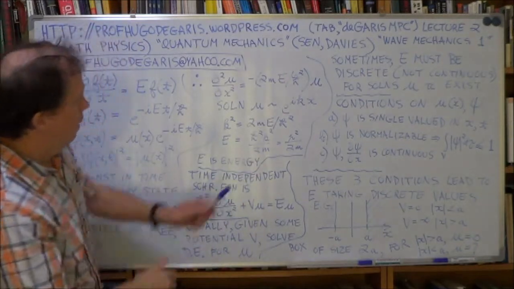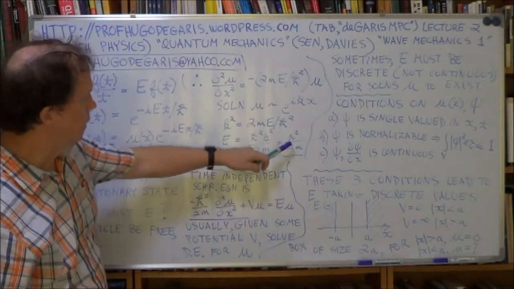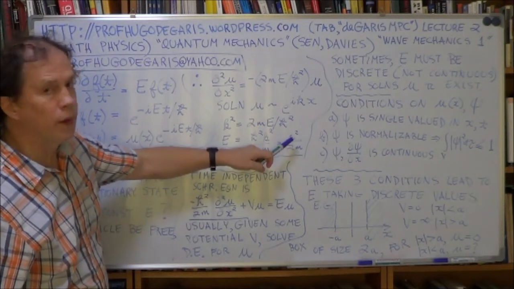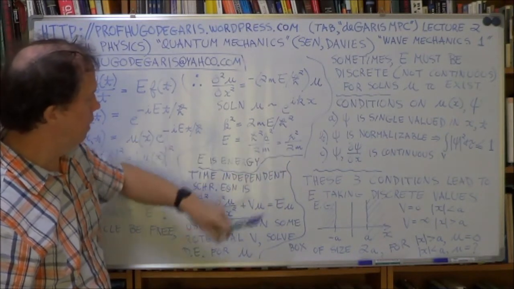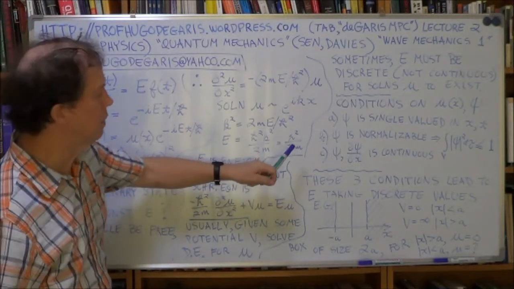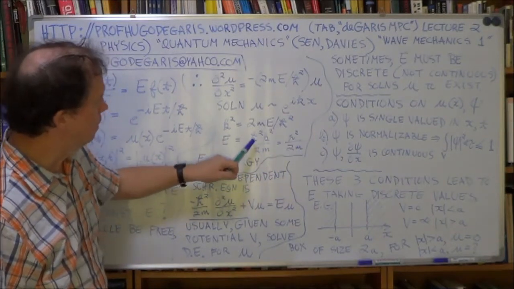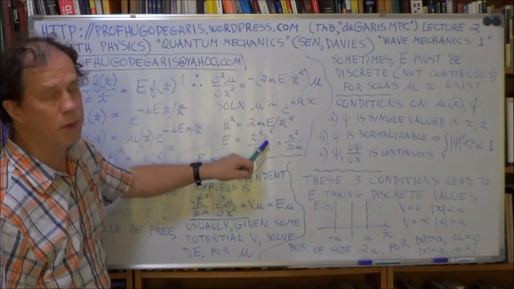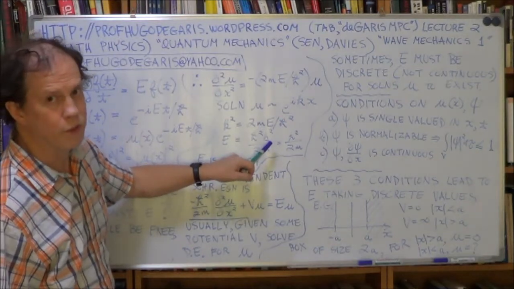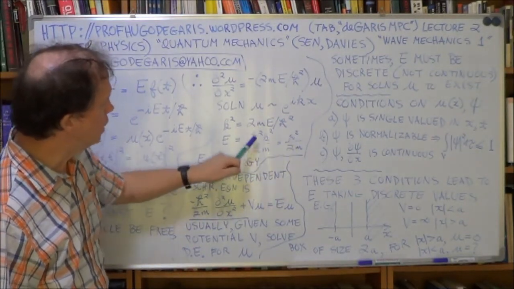Right? But h bar k is the momentum of the wavicle. That's de Broglie's famous equation, rewritten slightly, relating the momentum to the wavelength. Remember, k, the wave number, is 2 pi over lambda. So p equals h bar k.